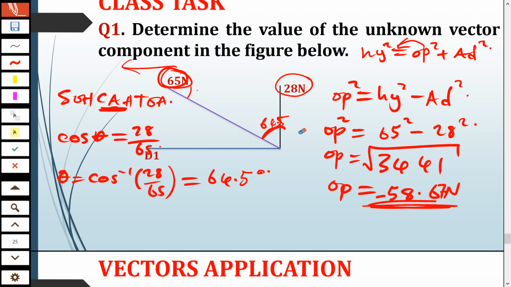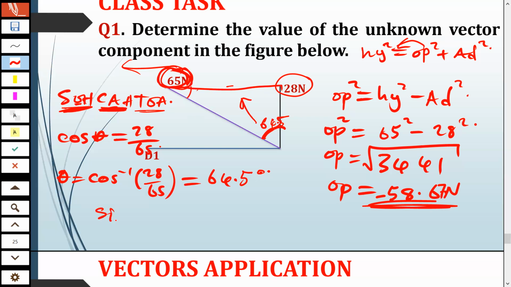After finding the angle, it's now easier for us to find this using SOHCAHTOA again. We've been given the hypotenuse and the angle, and we're trying to look for the opposite, which is opposite to the angle. So we're using sine.